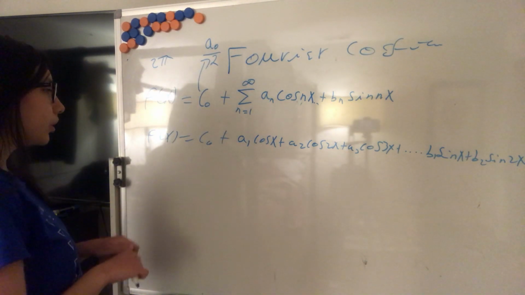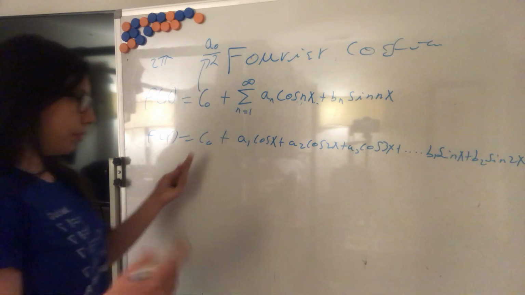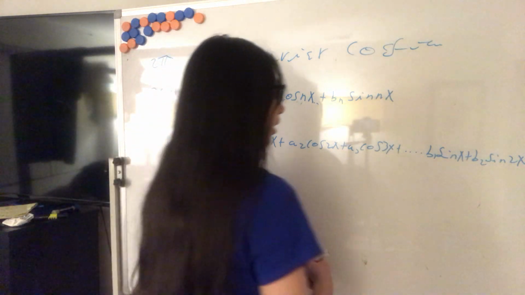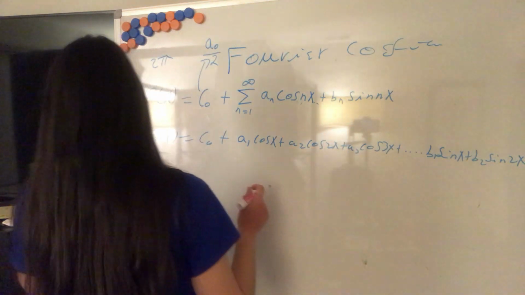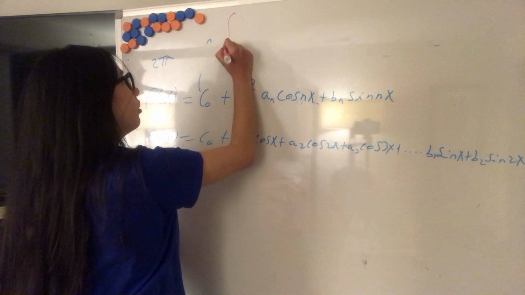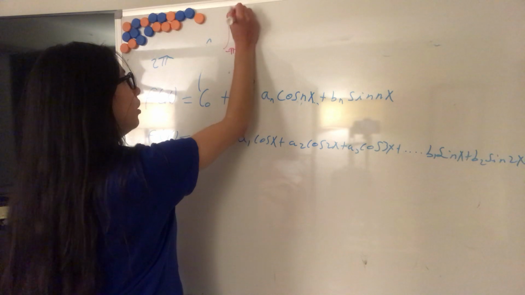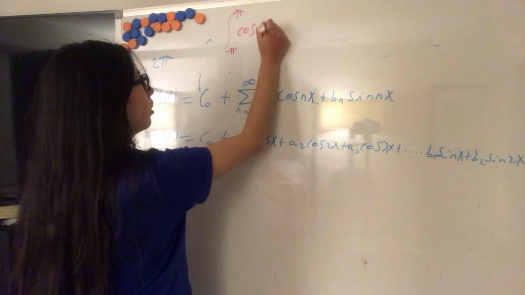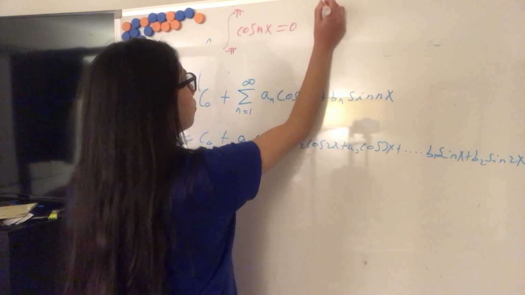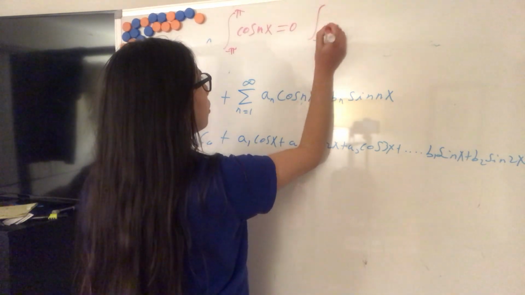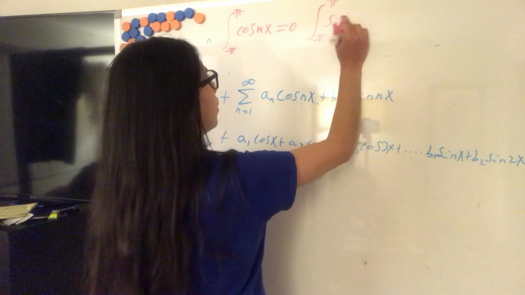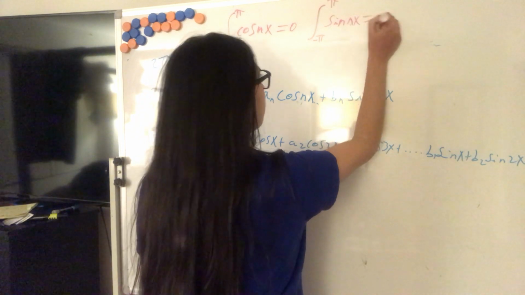Now, in the previous video we talked about the integrals. So we know that the integral from minus pi to pi of cosine nx dx is 0. The defined integral from minus pi to pi of sine nx dx is equal to 0.